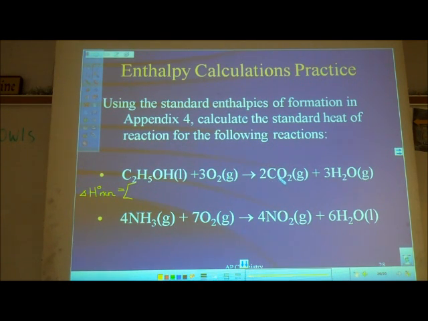Please find in your chart CO2 gas. Find it. Negative what? Okay, negative 393.5. Now there's a coefficient of a 2 in front of it. 2 times negative 393.5.